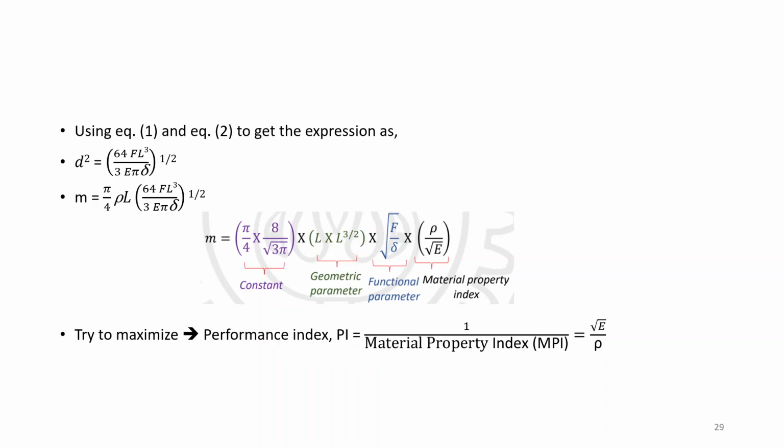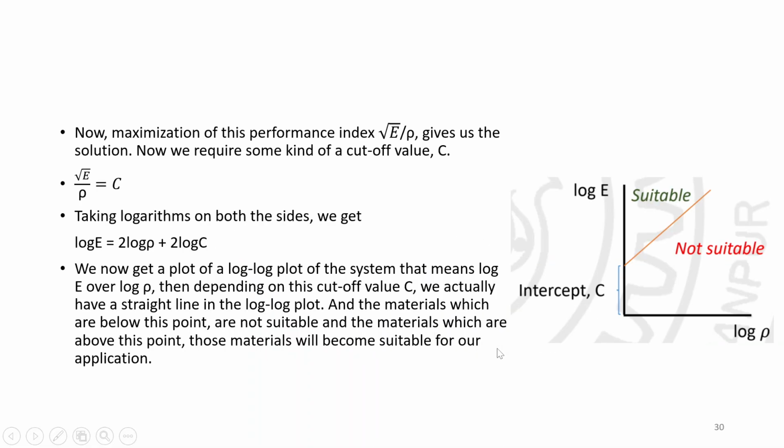So this is the material property index. As you have to minimize the mass, you have to maximize this under root E upon rho, which is known as the performance index, which is the inverse of the material property index. Now the maximization of this performance index under root E upon rho gives us the solution.